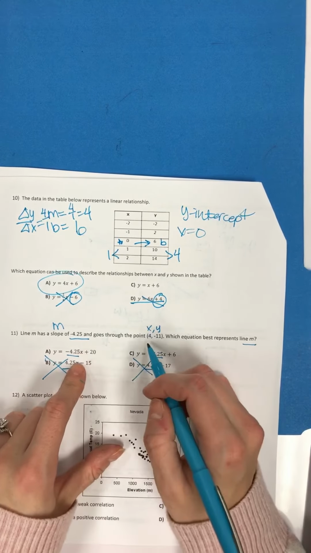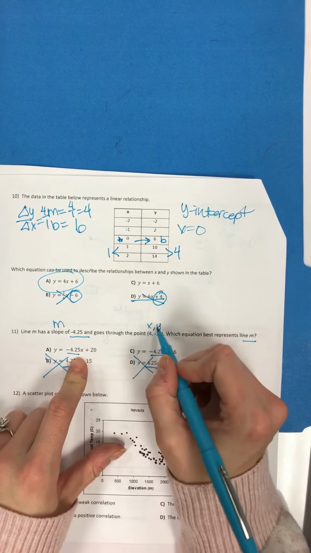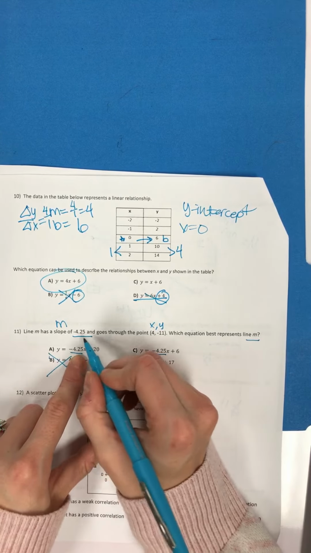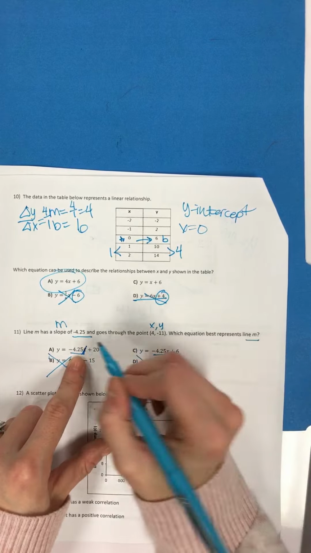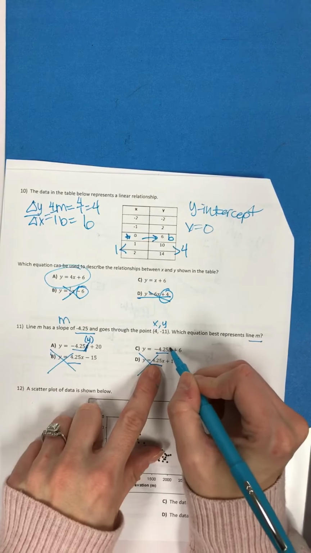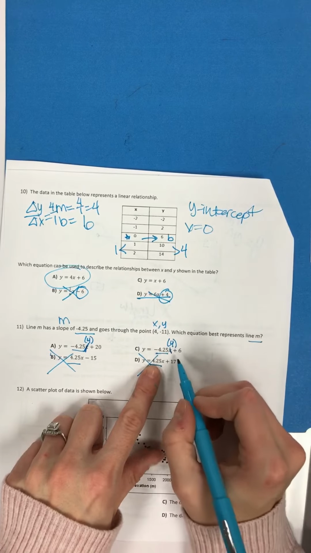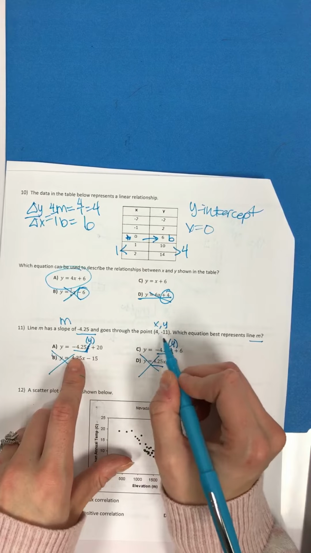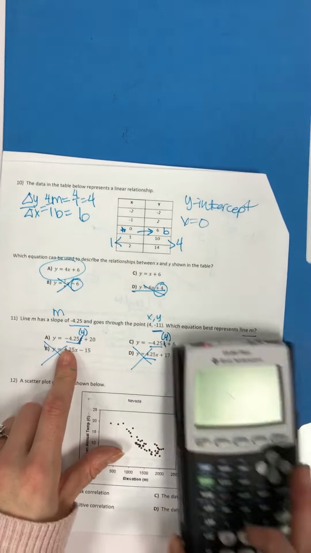And to me, for this problem, the easiest thing to do is plug these in. So take your negative 4.25 and plug in 4 for your x on both of these equations, and see which one gives you negative 11 as your answer.